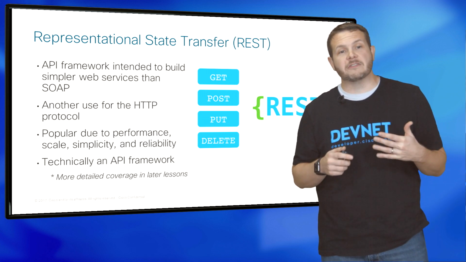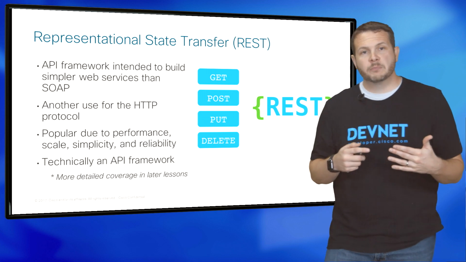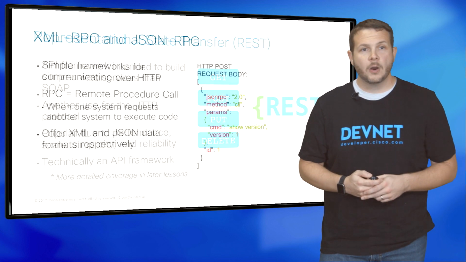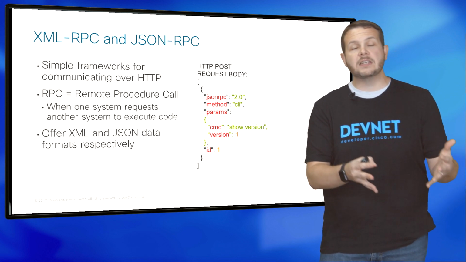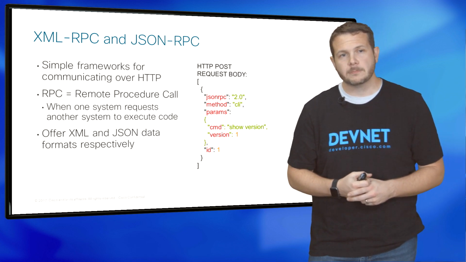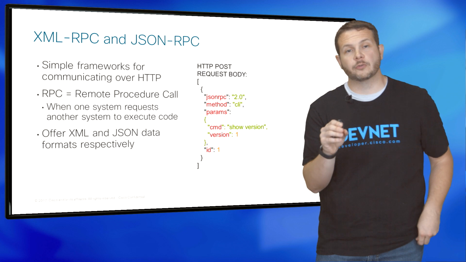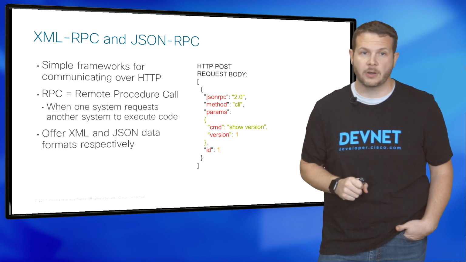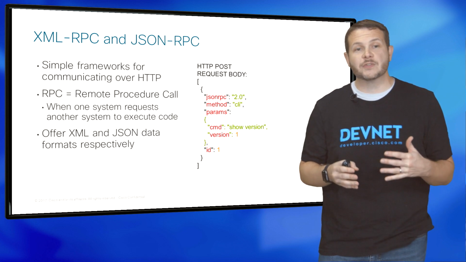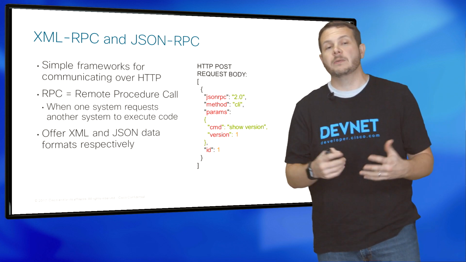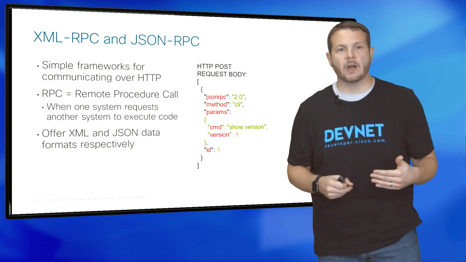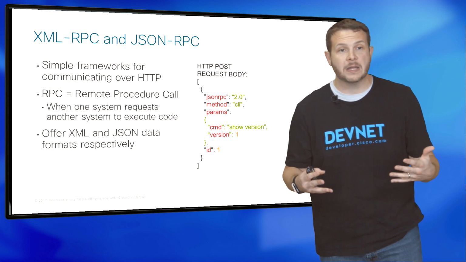Now HTTP as a foundation protocol for providing APIs doesn't stop with just SOAP and REST. We also have XML RPC and JSON RPC. Now these are both simple frameworks for communicating one application to another over the HTTP protocol. RPC stands for Remote Procedure Call, and that may be something you've run across in your time as a network engineer talking with systems admins or Windows admins.